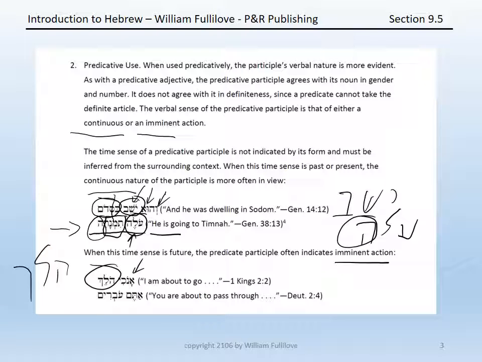So in context, I am about to go, an imminent verbal action. Or Deuteronomy 2:4, atem overim. Atem, the pronoun you, masculine plural, overim, qal active participle masculine plural of avar, to pass through or pass over. You are about to pass through.